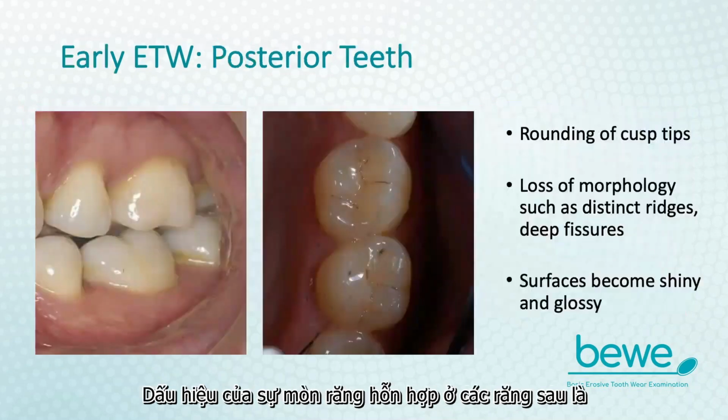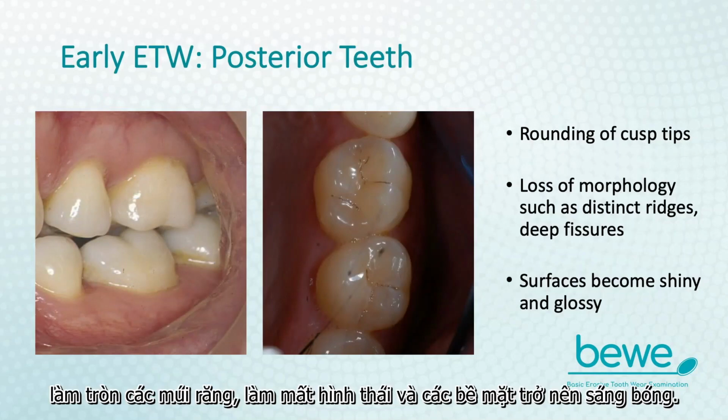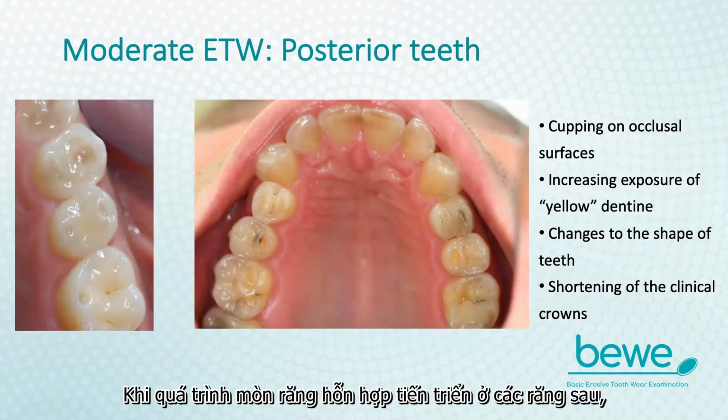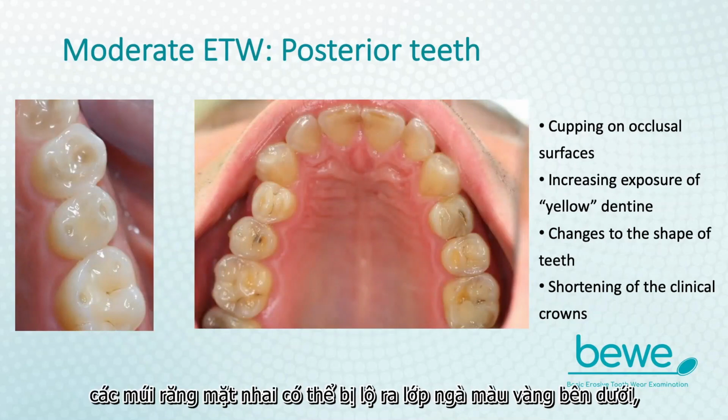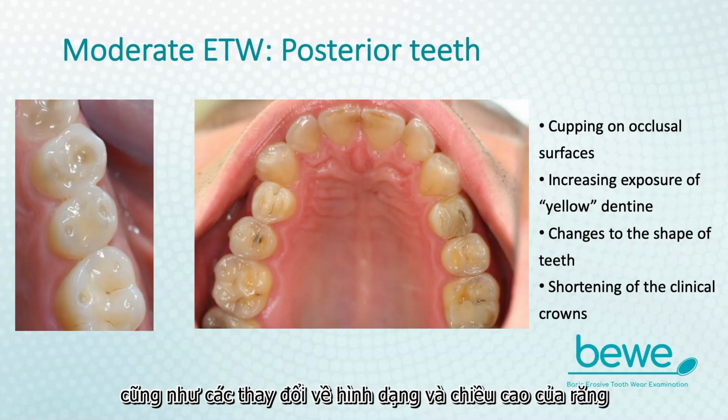Signs of erosive tooth wear on posterior teeth are rounding of the cusp tips, loss of morphology, and the surfaces become shiny and glossy. As erosive tooth wear progresses on posterior teeth, occlusal cupping and exposure of yellow dentine can happen, as well as changes to the shape and height of teeth.